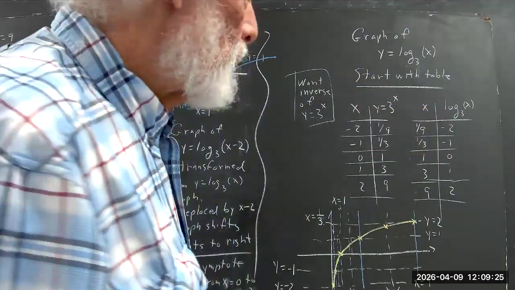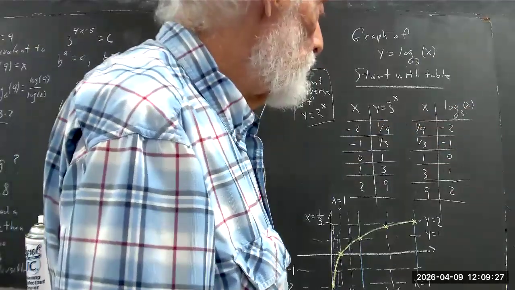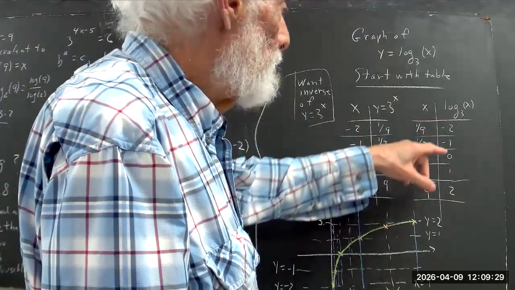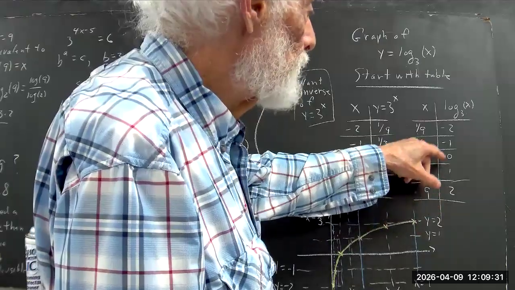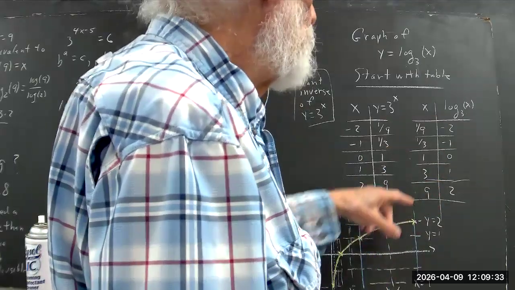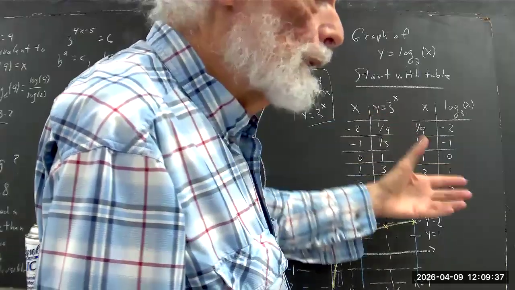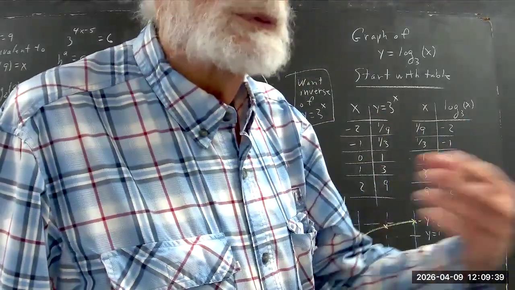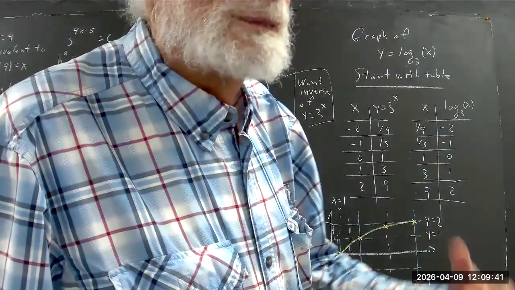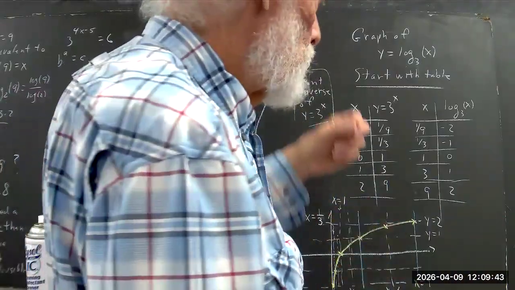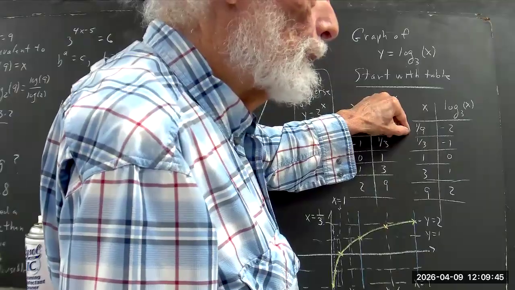Okay? If I look at the log 3 function, my values of y are 2, 1, 0, -1, -2. My values of x are 9, 3, 1, 1/3, 1/9. Each one is 1/3 the value of the previous number.